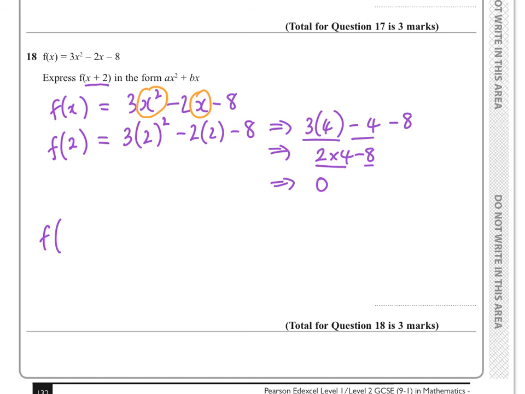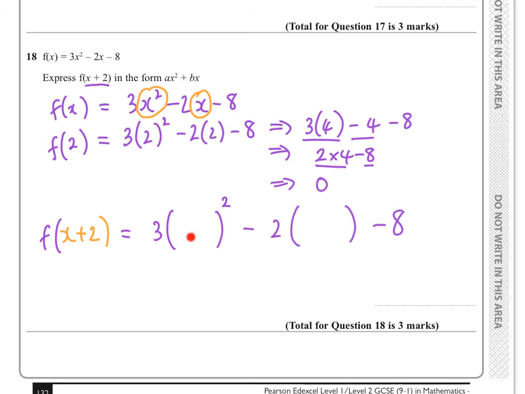But in this case, it wants x to take on this value, x plus 2. So f of x plus 2 would be, well, let's write this out here. Now, this part here would normally be x if it was f of x, wouldn't it? Because that would be f of x, and then I've got a little square here, which I shouldn't forget.